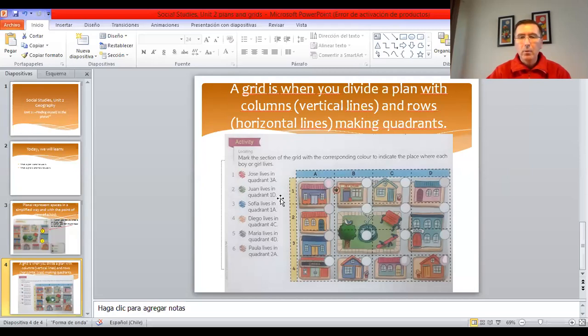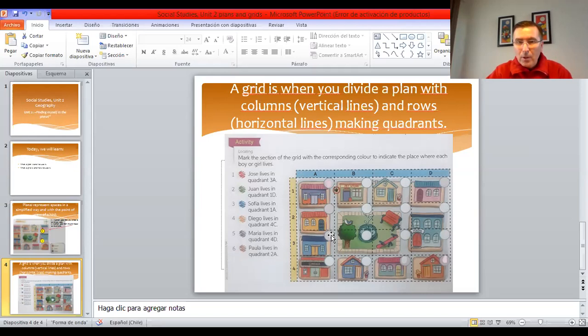So for example, number 1 says, Jose lives in quadrant 3A. So this is very similar to that game called battleship, La Batalla Naval. Let's find where Jose lives. 3A. So 1, 2, 3, and then the letter A. So it's 3A. Where the 3 joins with the letter A, that's the place where Jose lives.